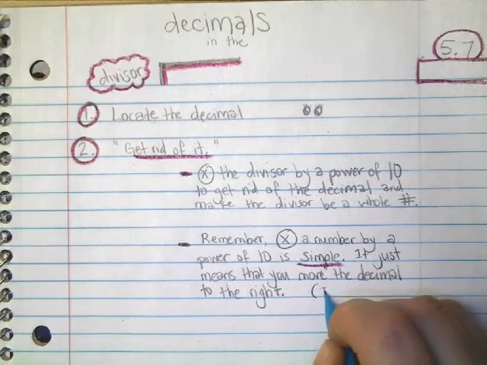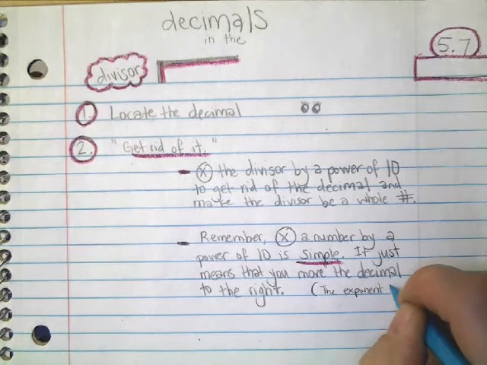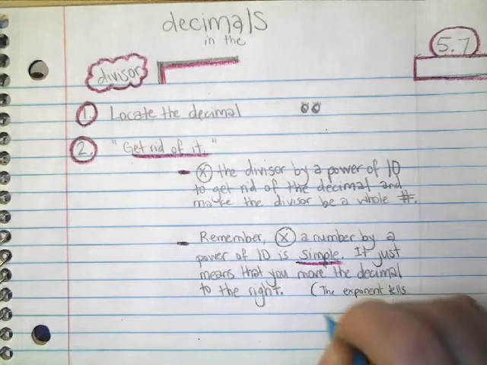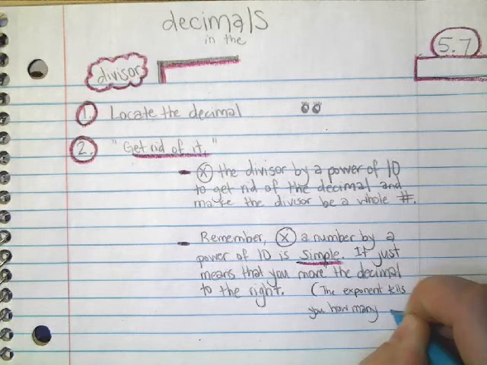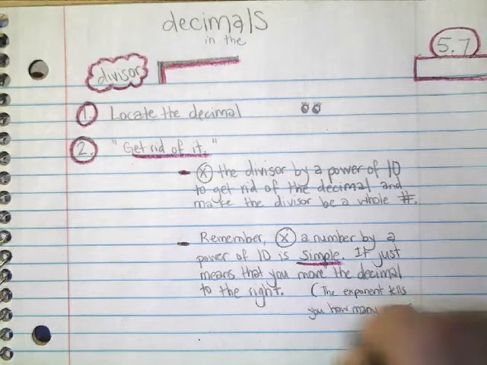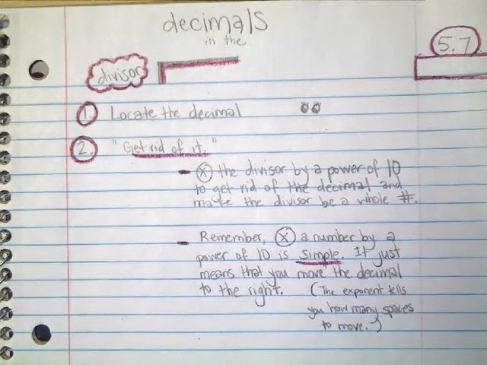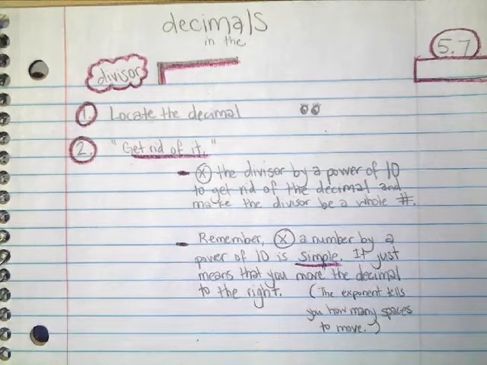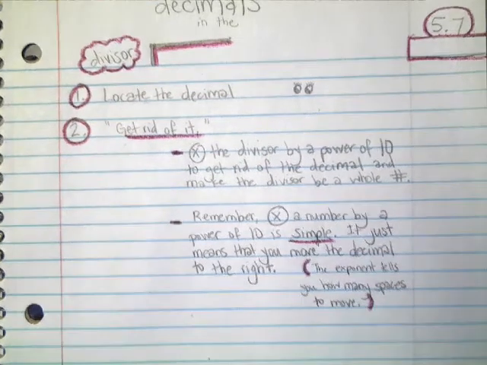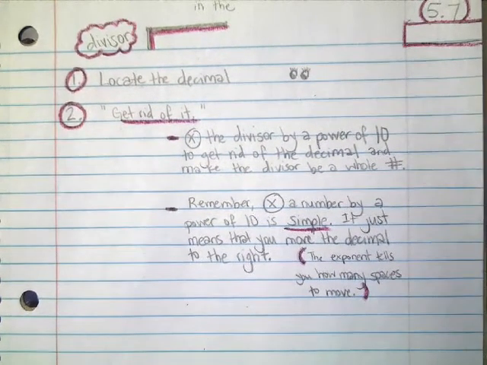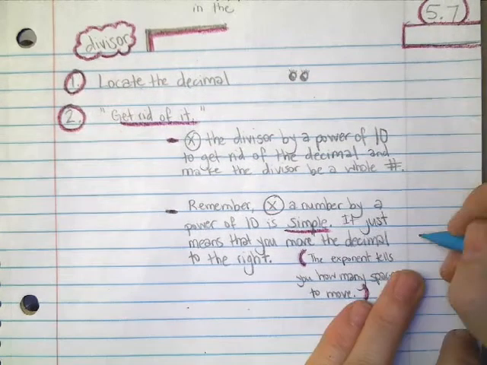Then we're just going to put the exponent tells you how many spaces to move. So if the number, let's put that in the color. If you're trying to move it 3 times, then what you did was you multiplied by a power of 10, but it was 10 to the third.